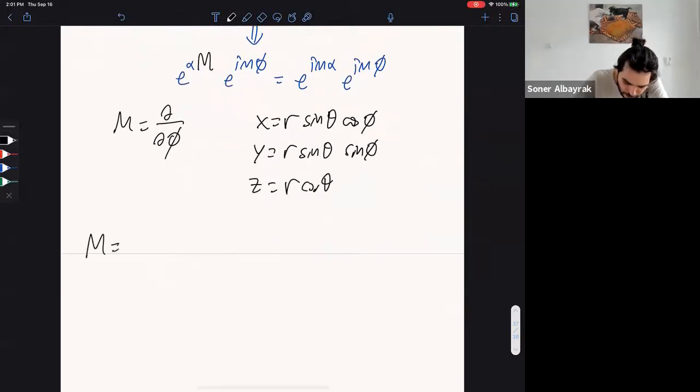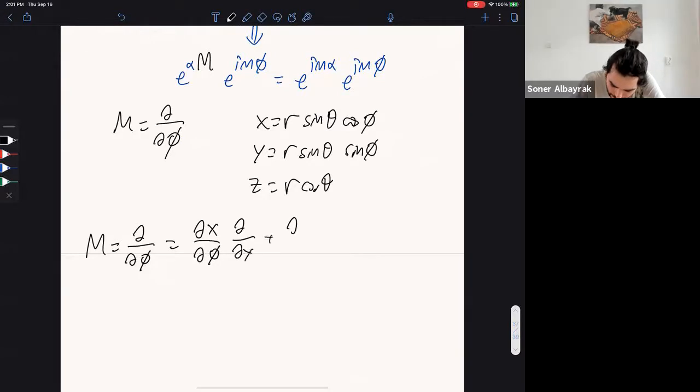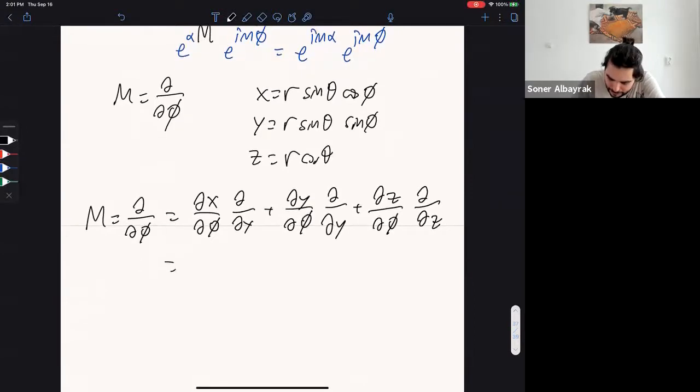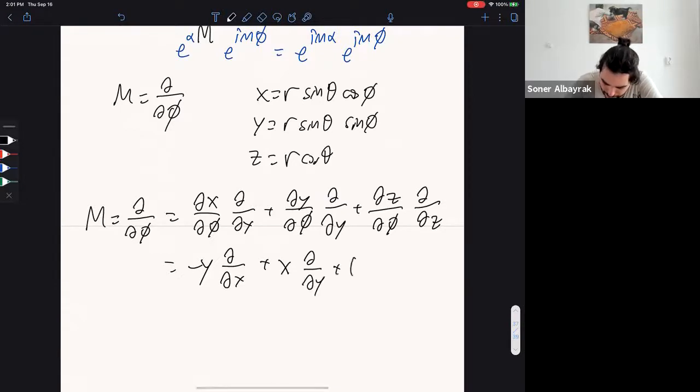Now by chain rule, d over d phi is equal to dx over d phi times d over dx, plus dy over d phi times d over dy, plus dz over d phi times d over dz. Now, dx over d phi is minus y, so minus y d over dx, plus dy over d phi is x, you can check it, times d over dy, plus this is 0.